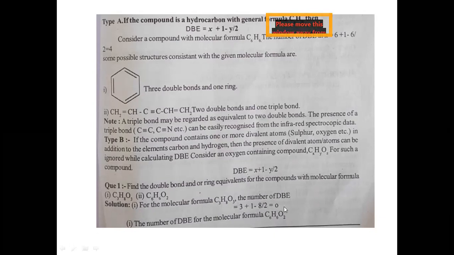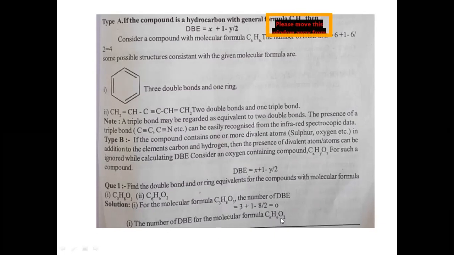So the number of equivalents will be 0. No double bonds in this compound; the compound will be saturated. Oxygen should not be taken into account while calculating the number of unsaturation.